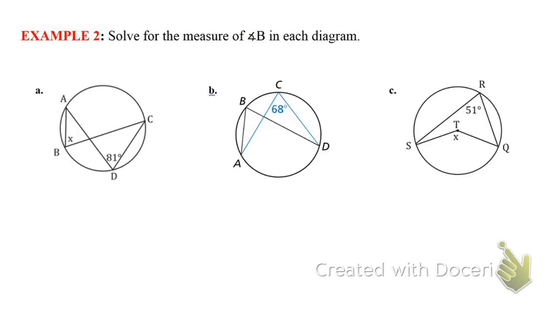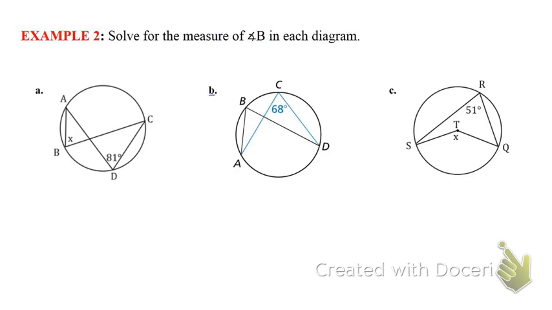All right, here are some examples. Why don't you go ahead and find the measure of angle B in each diagram? Looking at problem A, hopefully you figured that out by now.